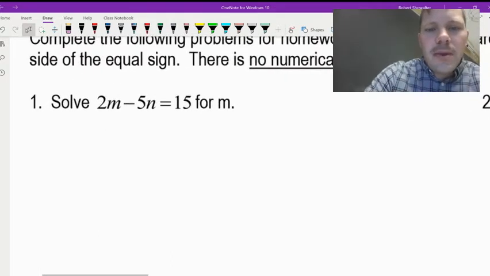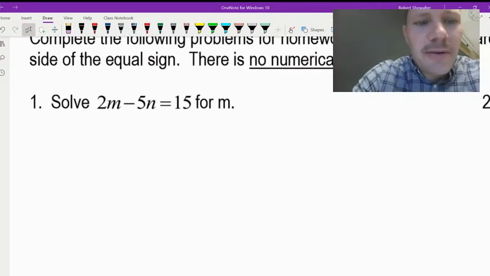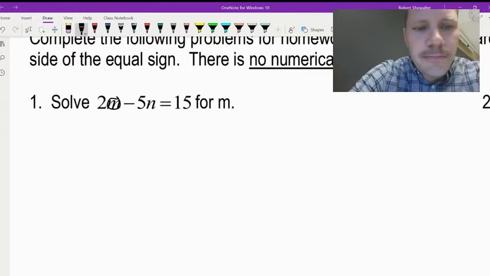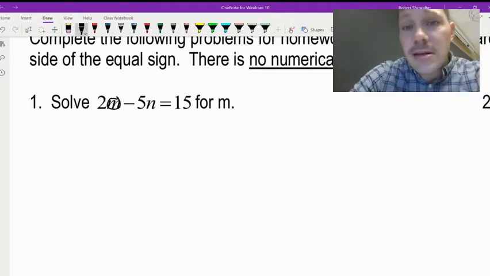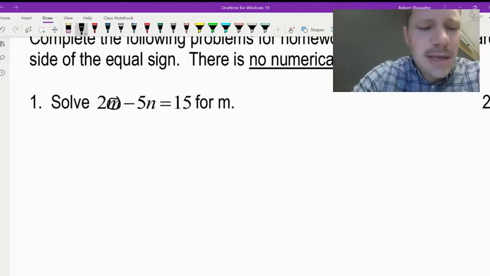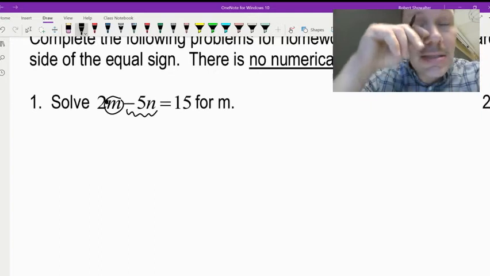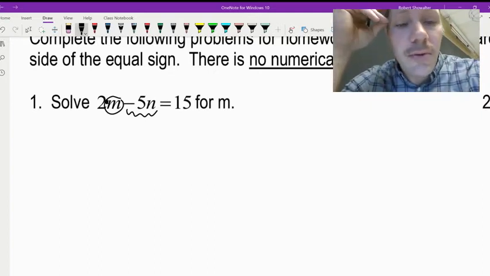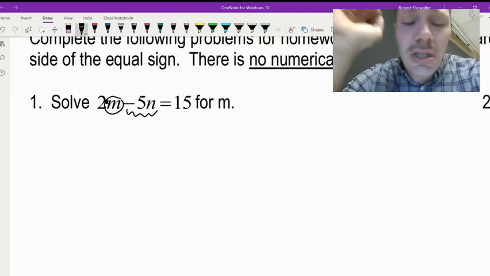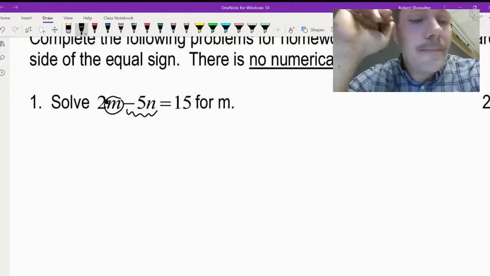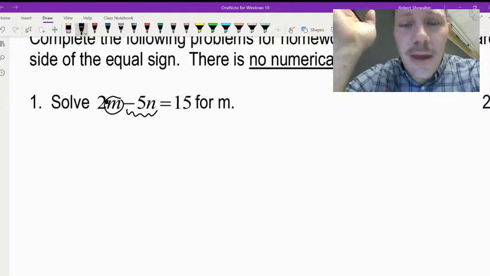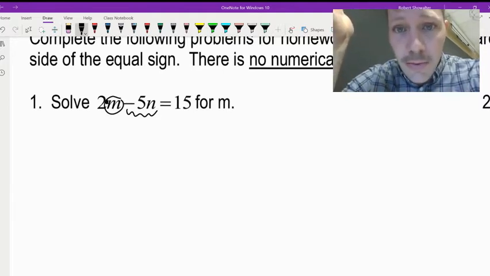So right here, for example, we want to solve for m. m is right there. So we ask ourselves, what is actually happening to m? We have this times 2, and then we have this minus 5n. We can view the 5n just like we view minus 5, except we bring the n with it.